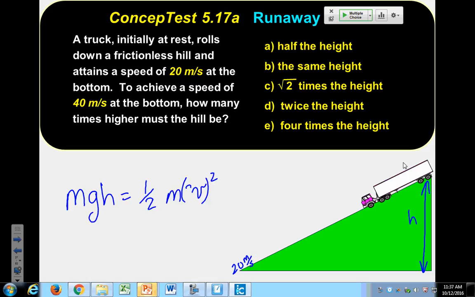I want to increase V by a factor of 2. I want to go from 20 meters per second to 40 meters per second. But if I increase that by a factor of 2, I have to increase this by a factor of 4, because I have this squared term right here. If I double V, I have to quadruple H. So you have to start them at 4 times the original height in order to get them to go twice as fast at the bottom.